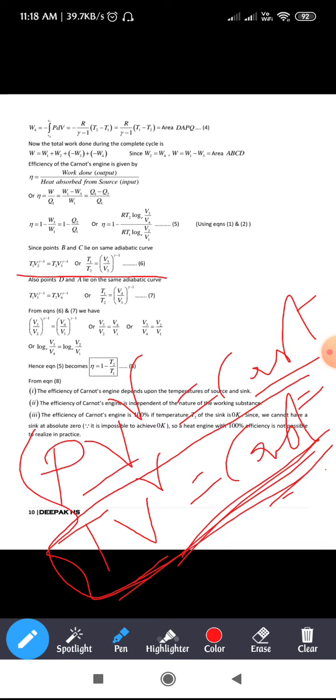Again, it is a direct equation, so no need of deriving that. It is not in the syllabus, so don't worry about that. We are going to take it directly.